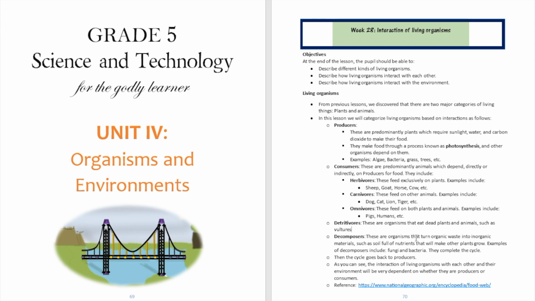Alright, so these are organisms that turn organic waste into inorganic materials, such as soil full of nutrients, and that will make other plants grow. Okay, so inorganic materials are going to be soil that's full of nutrients. So examples of decomposers are going to be things like fungi and bacteria, and they complete the cycle.